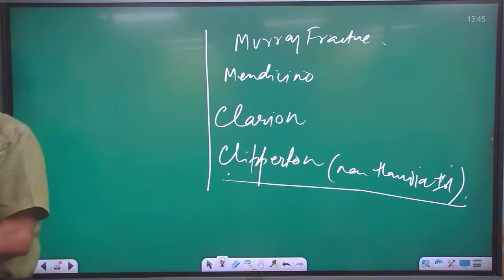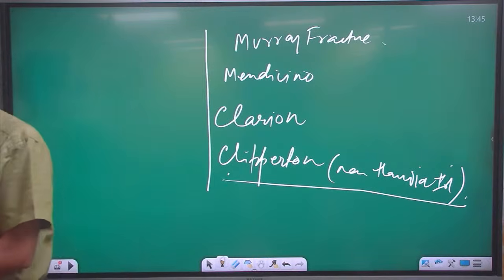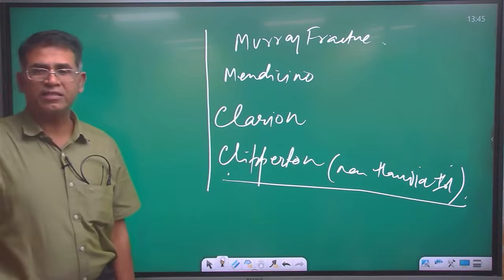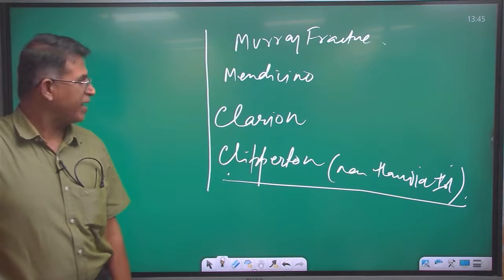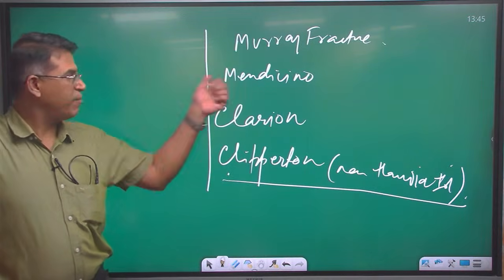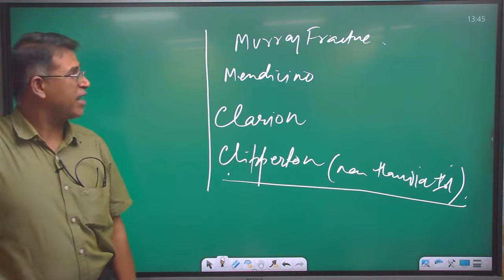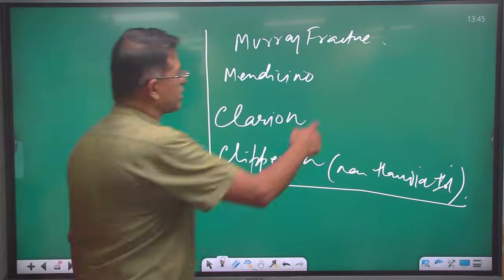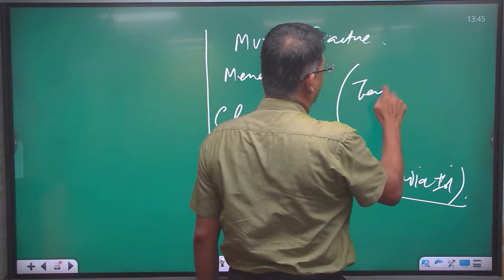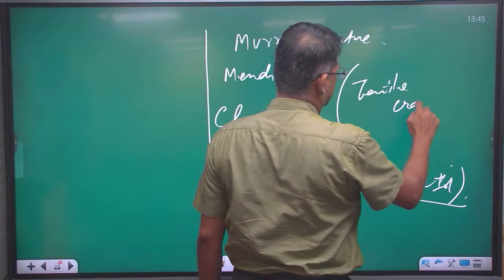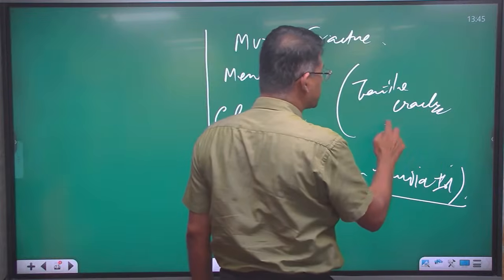The Clipperton fractures are near the Hawaiian Islands. Then we have the Clarion fracture, the Mendocino fracture and the Murray fracture. These fractures are tensile cracks because of stretching.